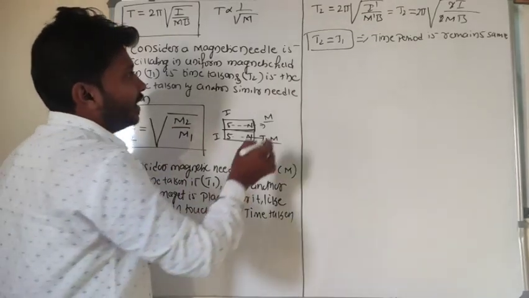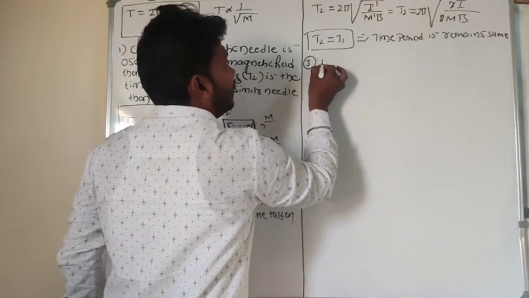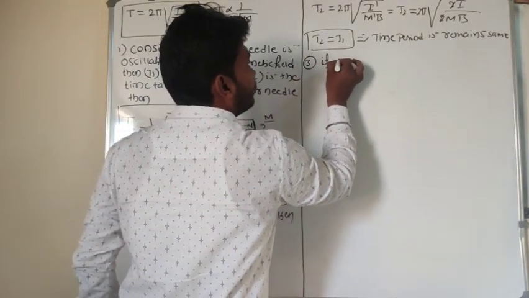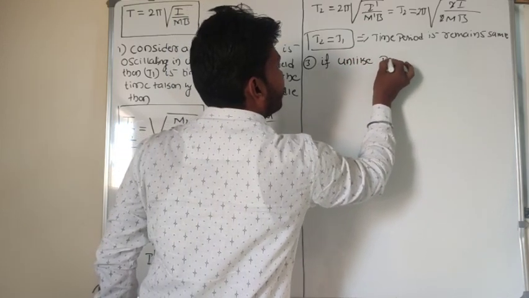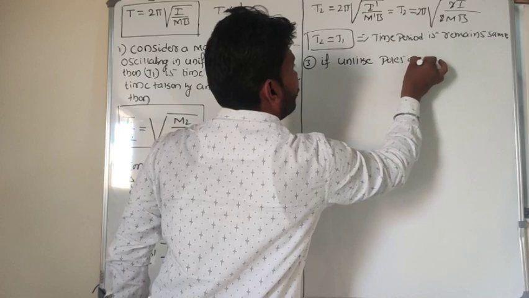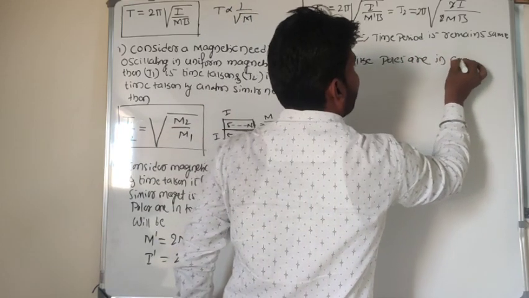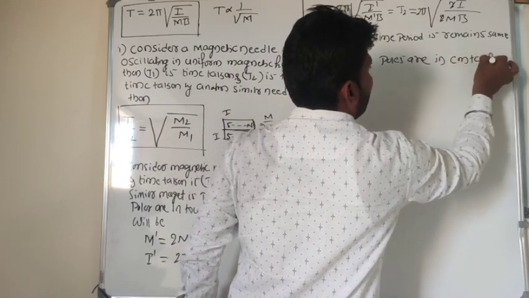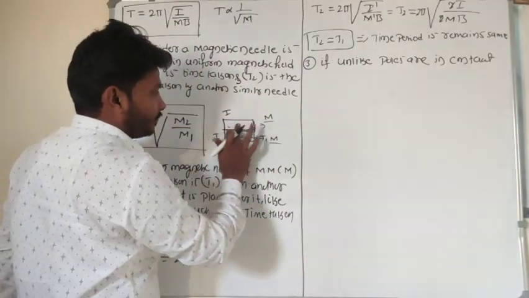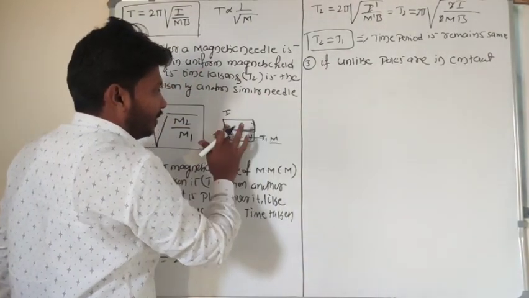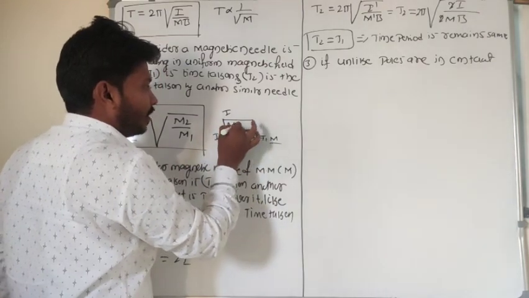I will take another condition here, if unlike poles are in contact. Look at the situation here, south pole north pole, and here unlike poles means north and south.